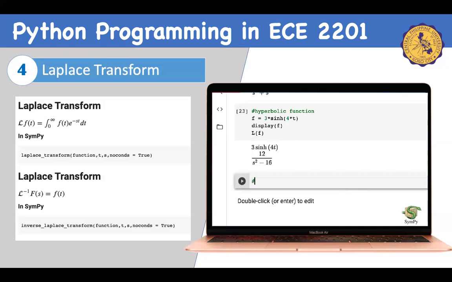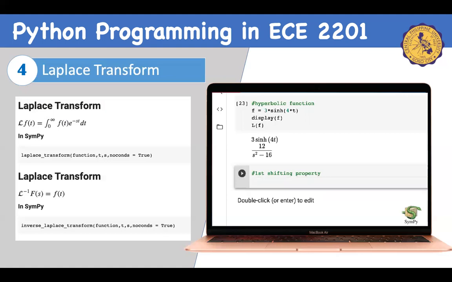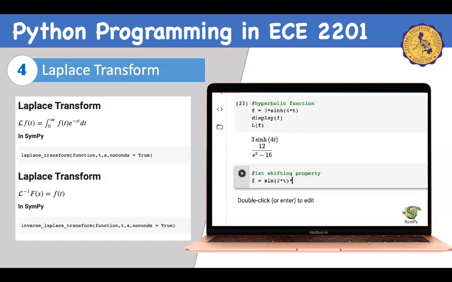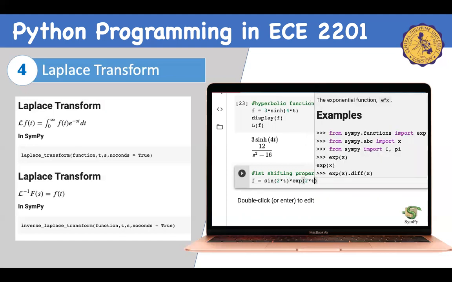All right. Now we go to shifting. Okay, let's say first shifting property. In this first shifting property, take note that the function is multiplied by the exponential function. Let's say I have here the function sine 2t, and I will multiply that to an exponential function, e raised to 2 times t.